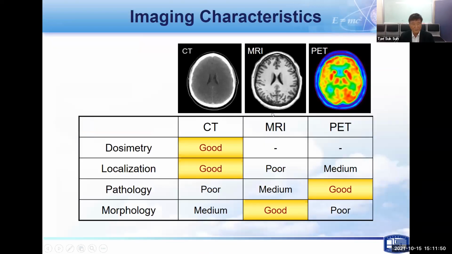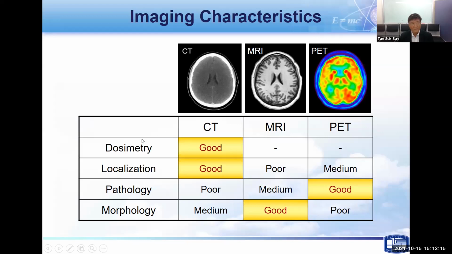So this table shows the typical characteristics of CT, MRI, and PET. We are familiar with these three images, but CT is generally suitable for obtaining an accurate localization without distortion.